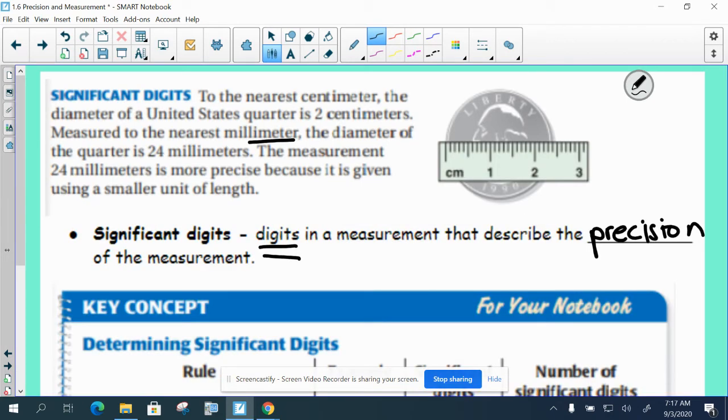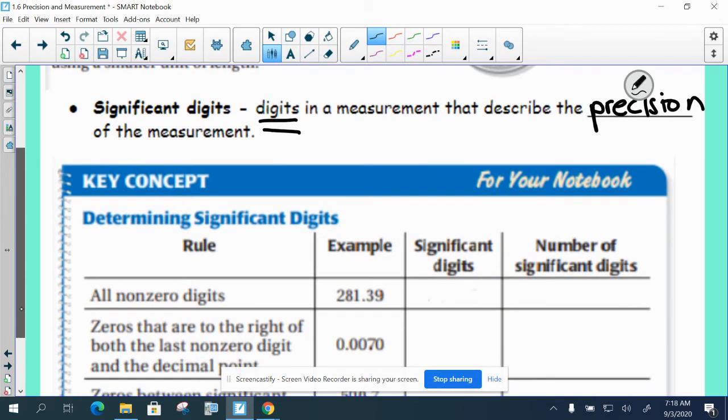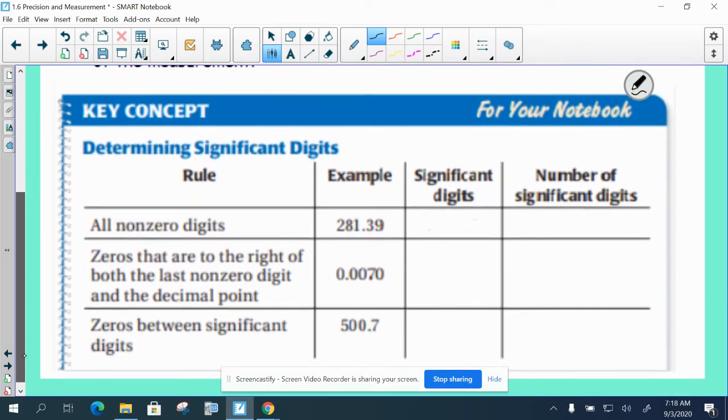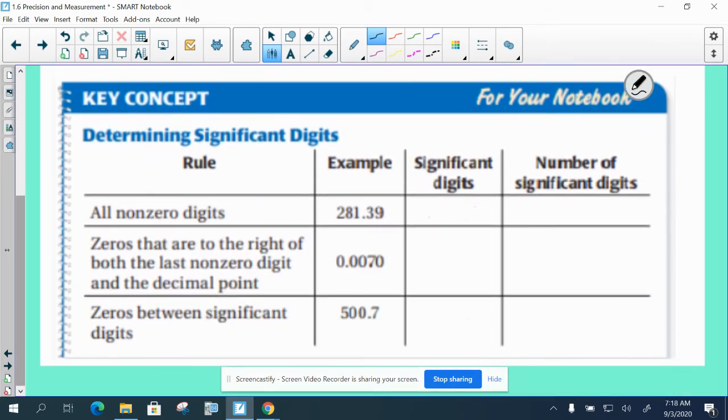There are different rules for deciding if a digit is significant. The best part about these rules, and you definitely want to write all of this down, is that anything that's not 0, so basically 1 through 9, is a significant digit.